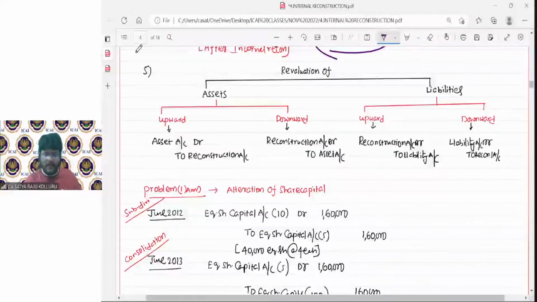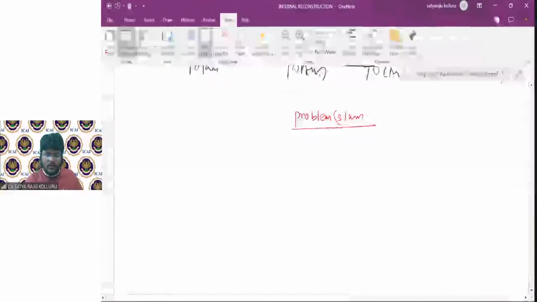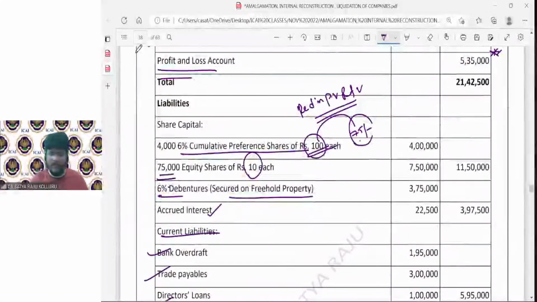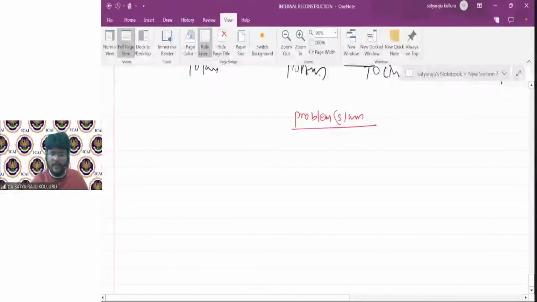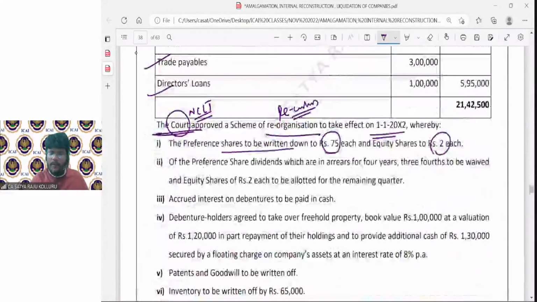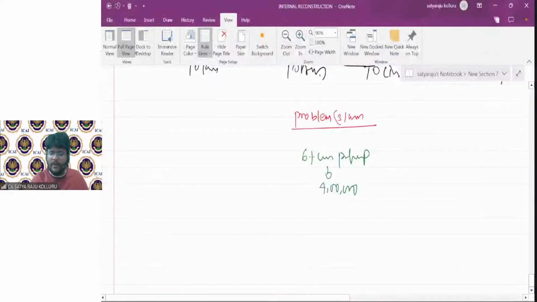First, this is talking about preference shareholders, right? Now, existing preference share capital is 4 lakhs. 6% cumulative preference share capital is given at 4 lakhs. Each existing face value is 100.